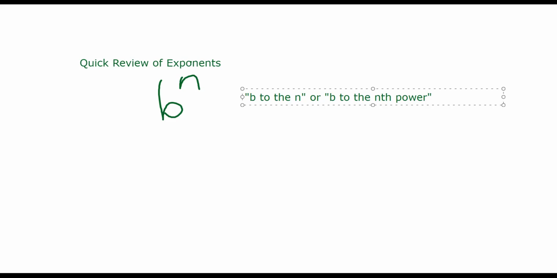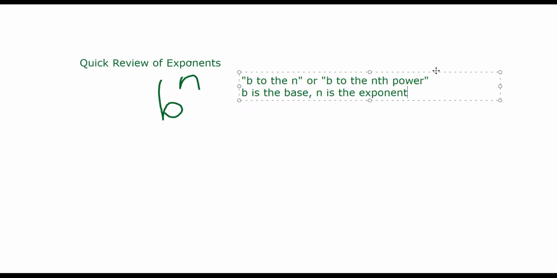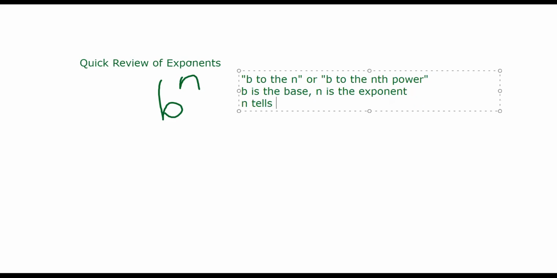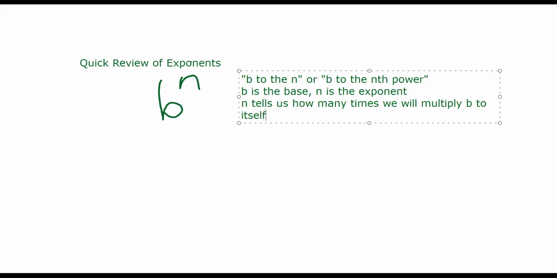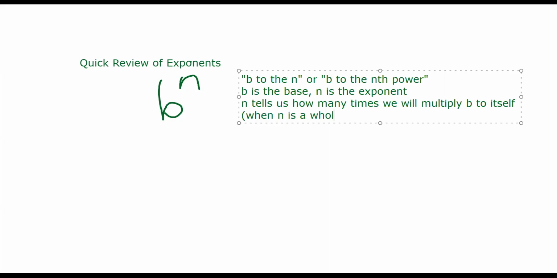And what it tells us is how many times we're multiplying the base to itself. B is the base, n is the exponent here. N tells us how many times we will multiply b to itself. And that's at least our interpretation when n is a whole number.